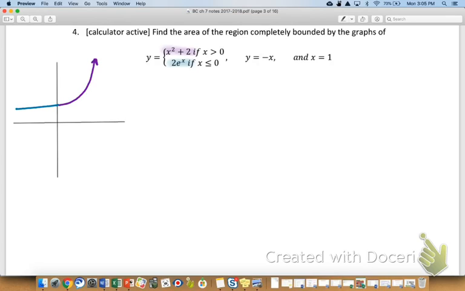So it's piecewise. I've tried to represent that piecewise up there with colors. Does that make sense?